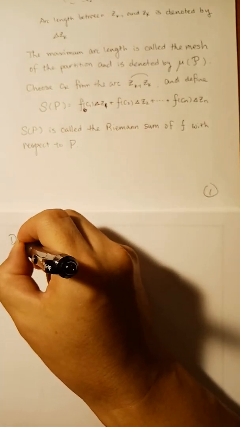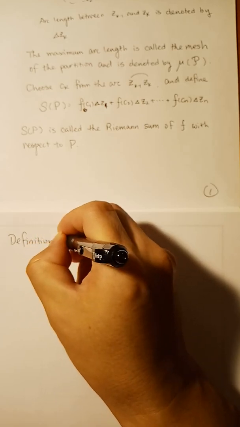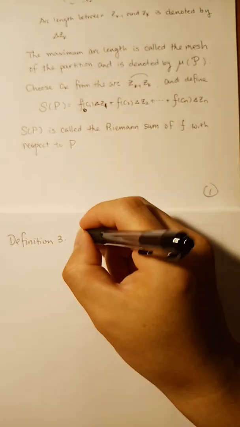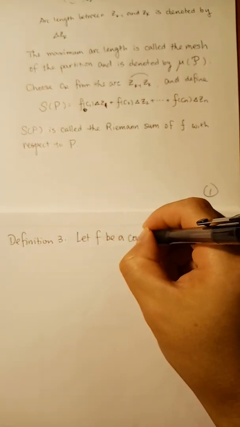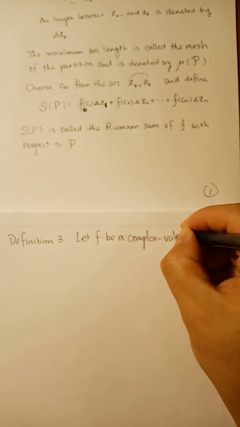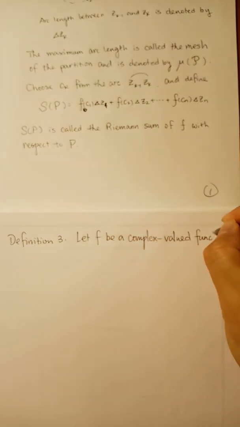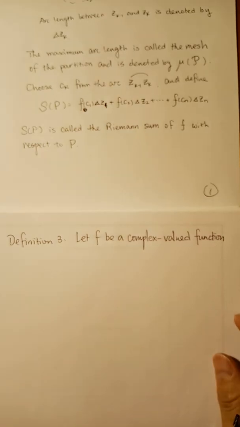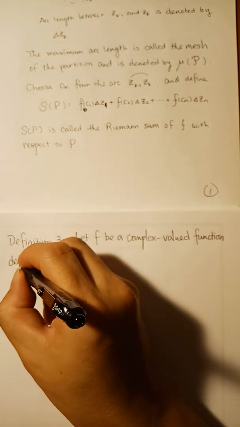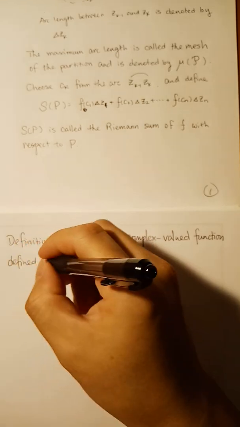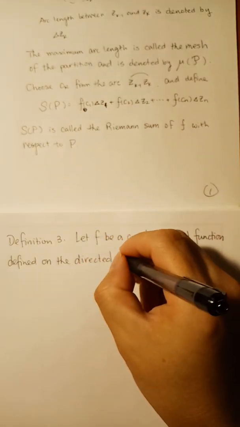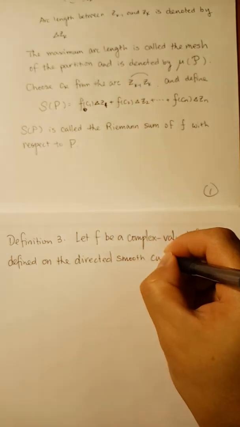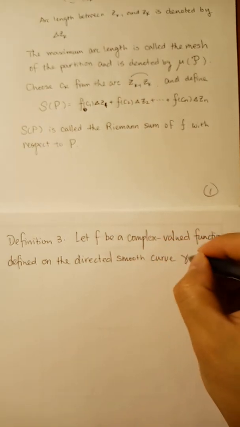Okay, so definition 3. Let f be a complex valued function defined on the directed smooth curve gamma.